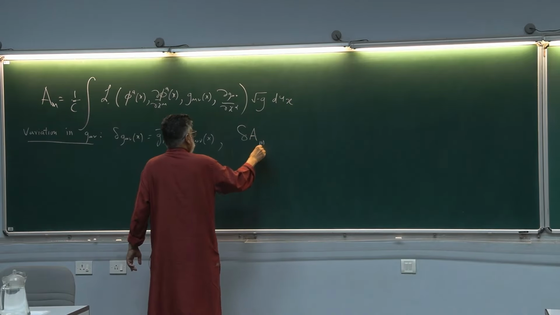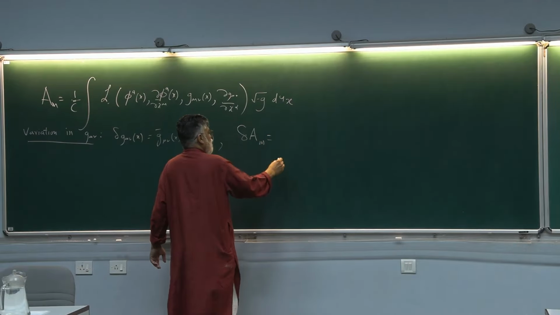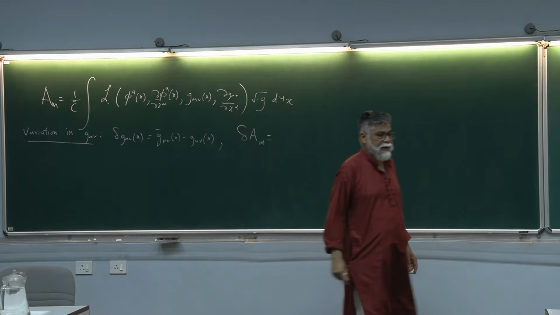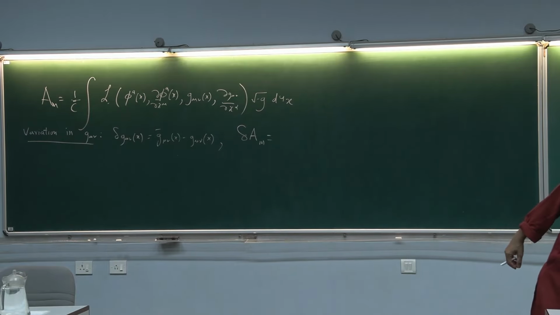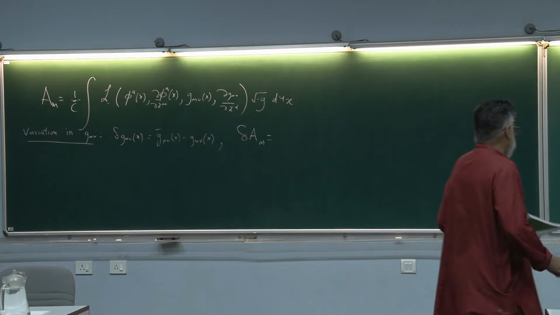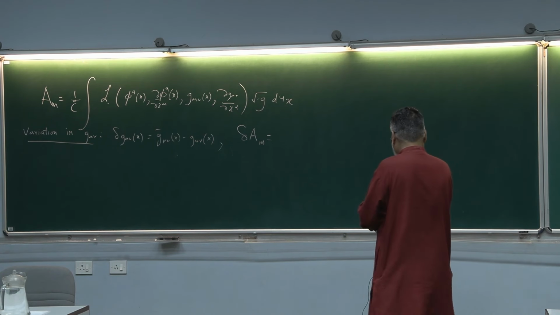So the matter action variation is given by the definition in terms of the energy momentum tensor. I always forget when it is plus, when it is minus.